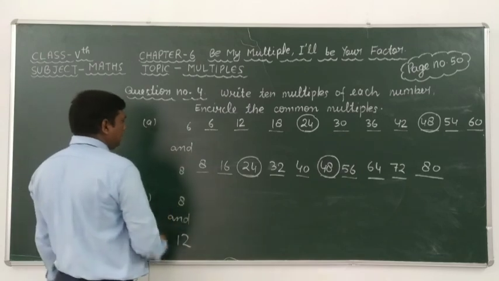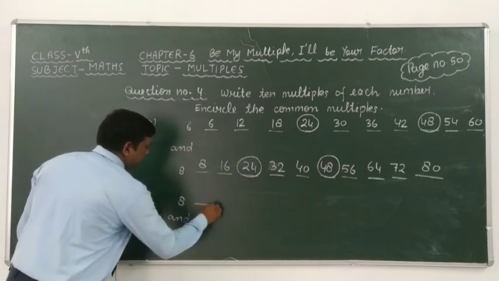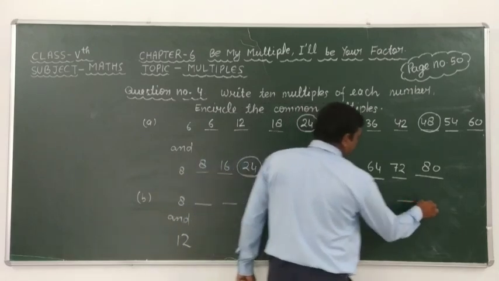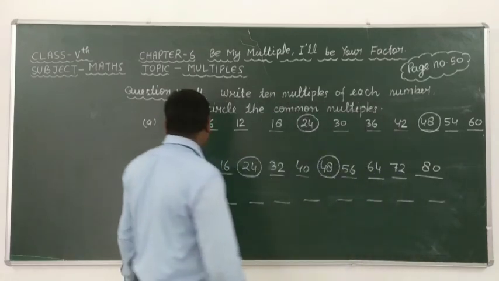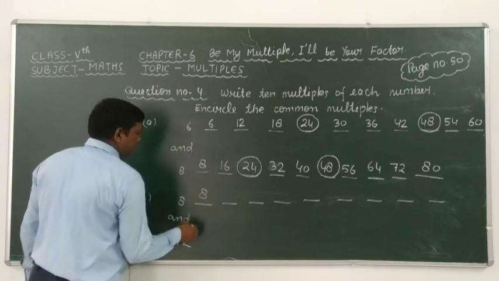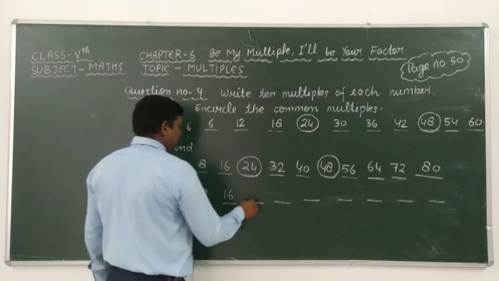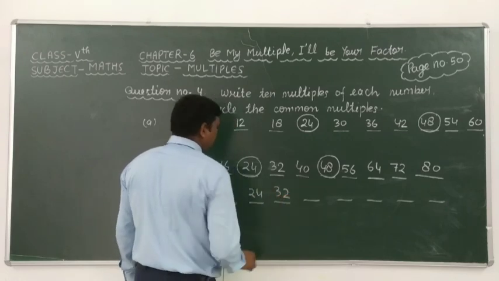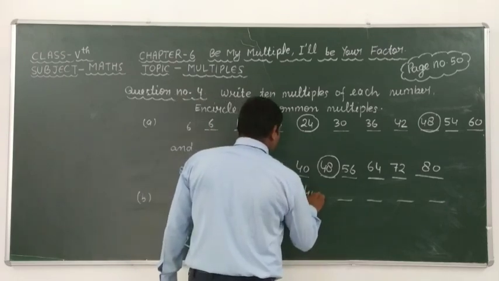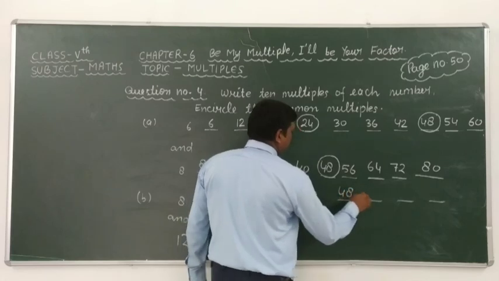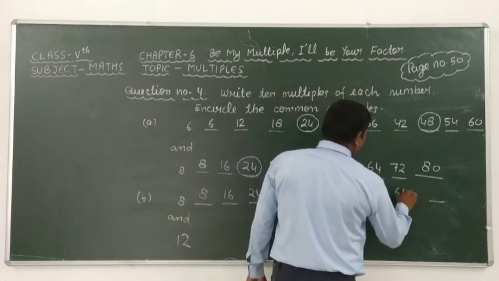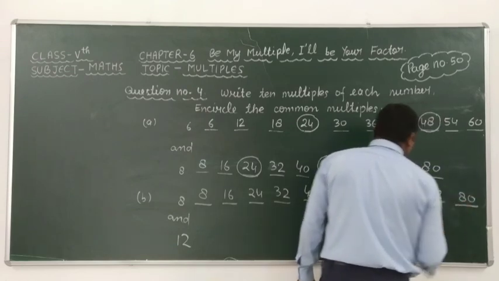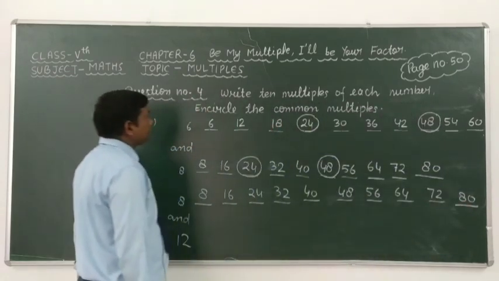Look here, given 8. Look carefully. 8 1 is 8, 8 2 is 16, 8 3 is 24, 32, 40, 48, 56, 64, 72, and lastly 80.